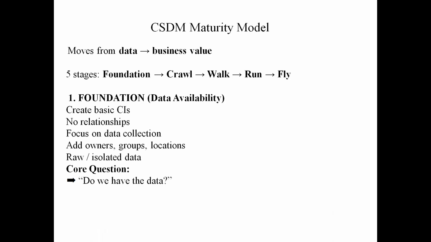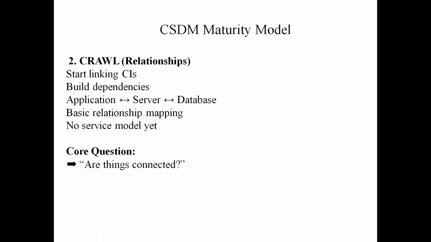Next stage, crawl, the relationship stage. In this crawl stage, we start connecting the data. We link configuration items and build dependencies. For example, the application is connected to the server and the server is connected to the database.